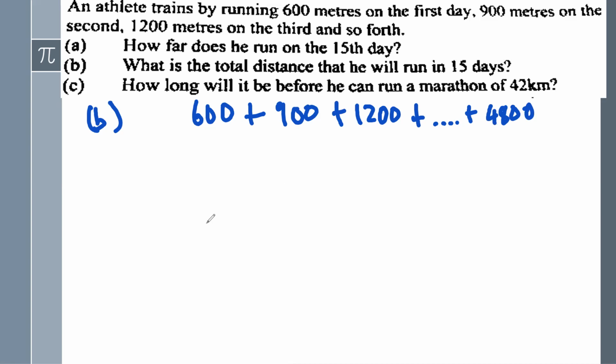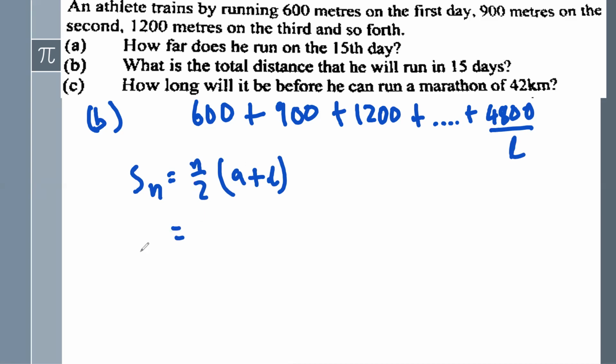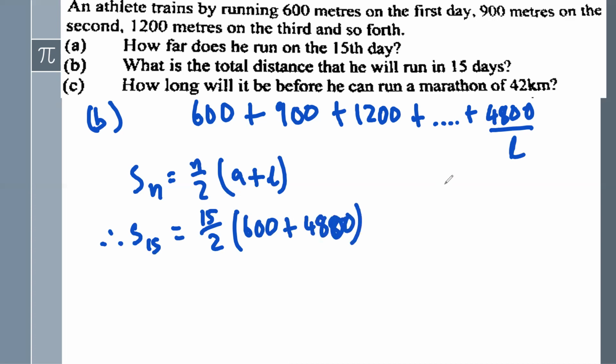And I think we know the formula in a case where we know the last term. All right, so take note, the last term is known in this. So I think I will just go Sn is equal to, if I remember this formula correctly, n over 2 times a plus l. And you will verify that for me. In this case, I know I am actually looking for S15. So that's 15 over 2. a, excuse me, 600 and the last term here is that.